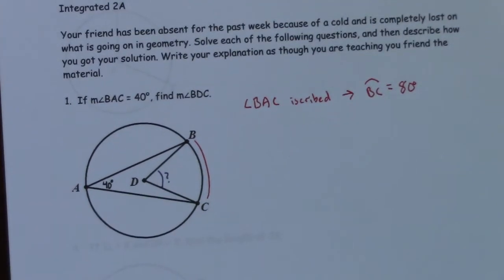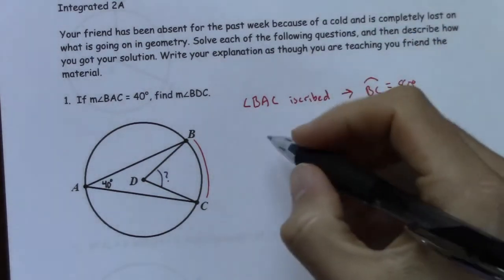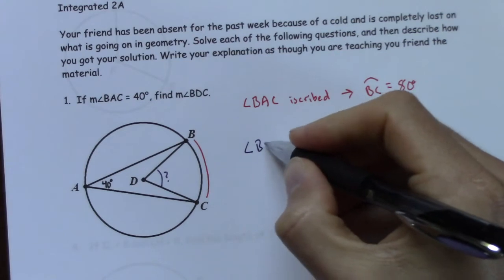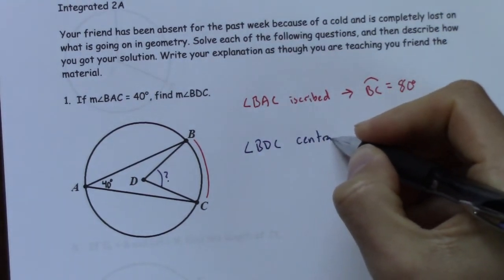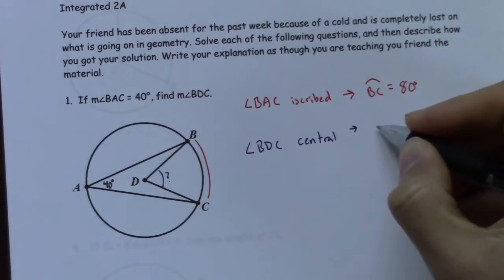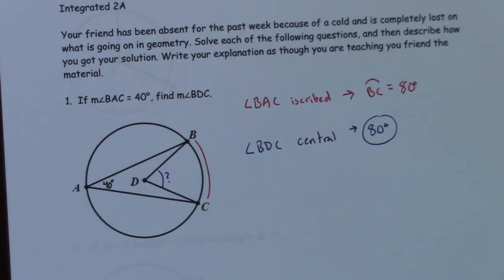Again, an inscribed angle is half its intercepted arc. Well, now we come down to angle BDC, and because angle BDC is a central angle, it equals its intercepted arc, and so we would be able to just confirm that it is 80 degrees, and we are done.